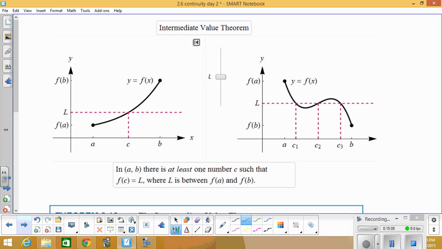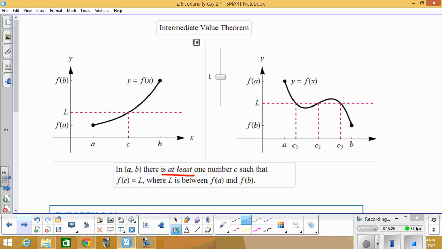Intermediate value theorem. There are two graphs here, but the intermediate value theorem is saying there has to be at least one point in an interval, a number c, such that the value is between the endpoints. Makes sense.